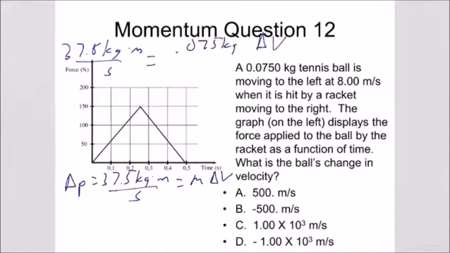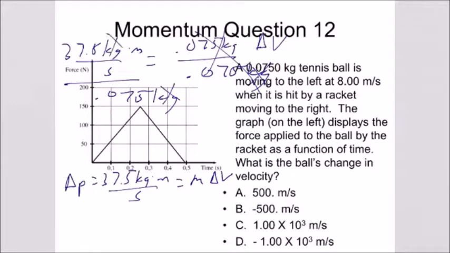We're going to divide both sides by 0.075. All right, so once we divide by 0.075 kilograms, the kilograms cancel. 37.5 divided by 0.075 gives us 500 meters per second. And again, that's positive 500 meters per second. The velocity is changing very quickly in the positive direction.